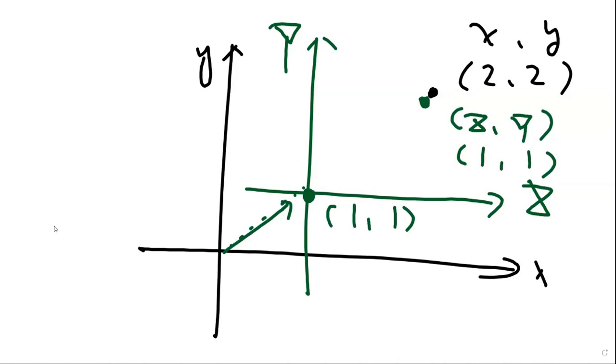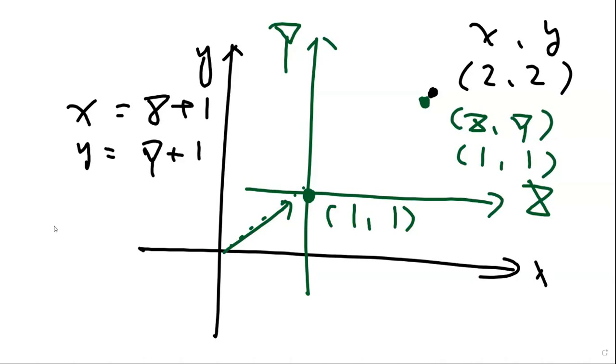So the relationship of small x, small y to big X, big Y is: x will equal big X plus 1, and y will be big Y plus 1.